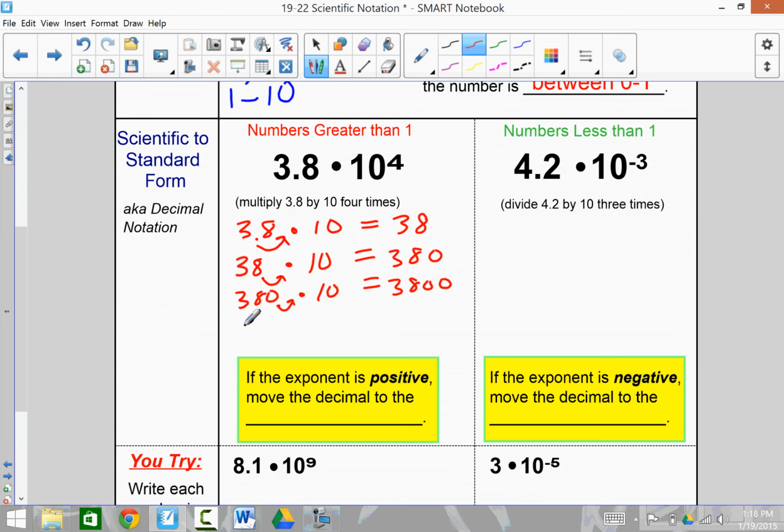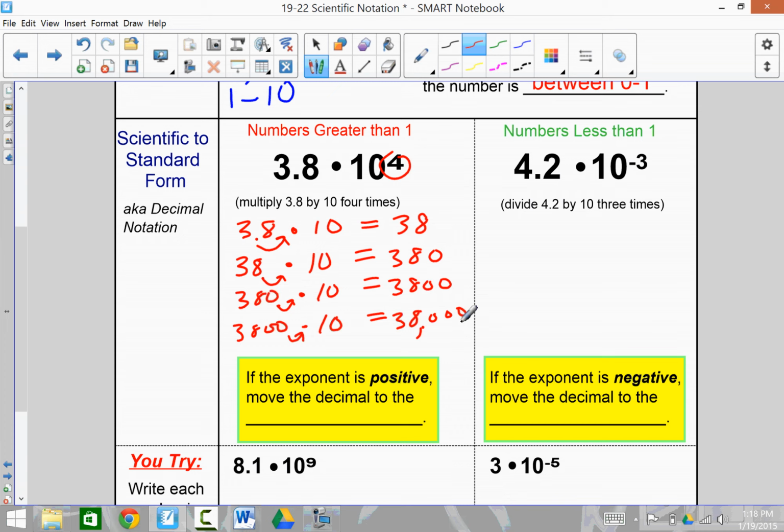Then I'm going to multiply 3,800 by a fourth 10, because it says to the 4th power. I'm going to add one more 0, moving the decimal another place, and I end up with 38,000. So in the end, 3.8 times 10 to the 4th does equal 38,000.